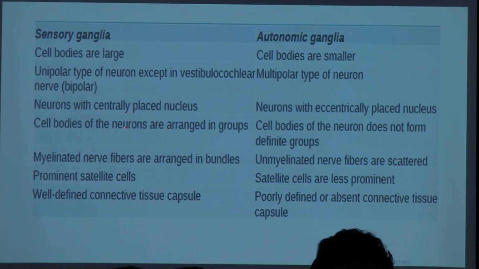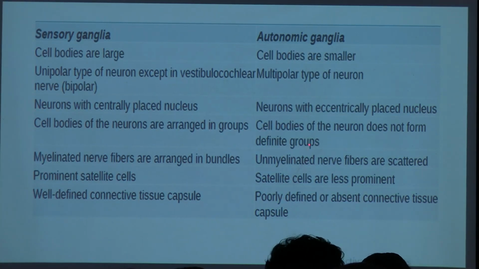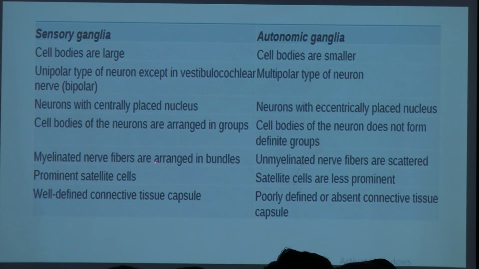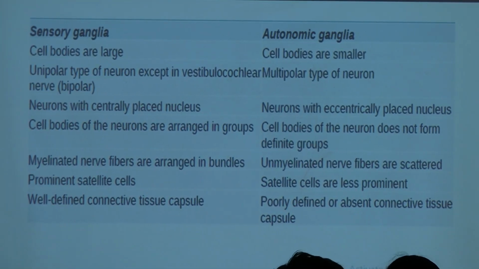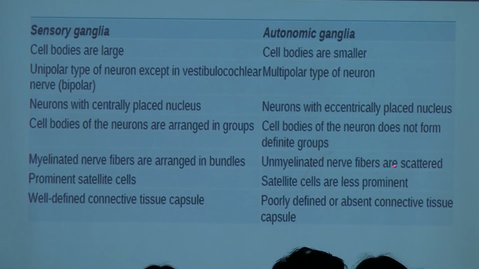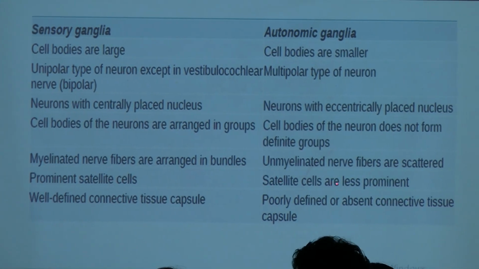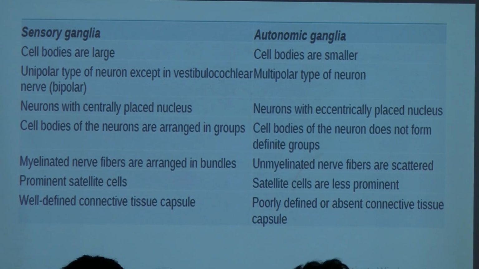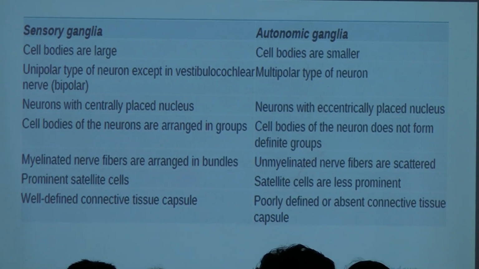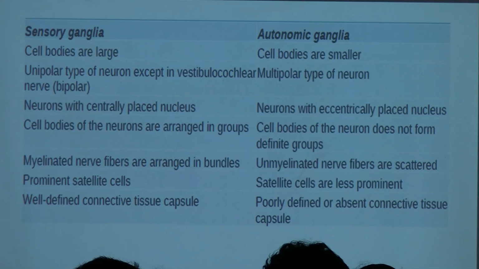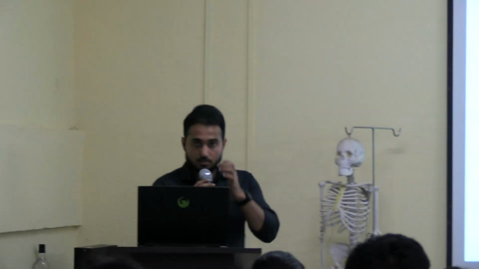Cell bodies of the neurons are arranged in groups here, and here they don't form definite groups. Here myelinated nerve fibers separate the groups of cells, here unmyelinated nerve fibers are scattered. Satellite cells are prominent here, and less prominent here, meaning fewer satellite cells. Here a well-defined connective tissue capsule, there a poorly defined or absent connective tissue capsule. This will help you understand the difference between the sensory ganglia and autonomic ganglia.